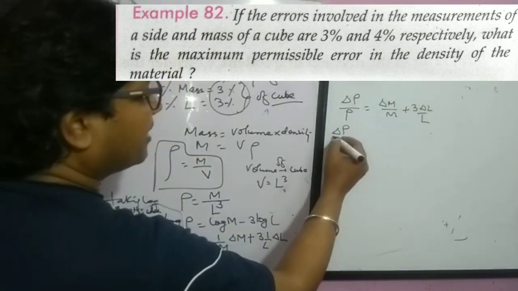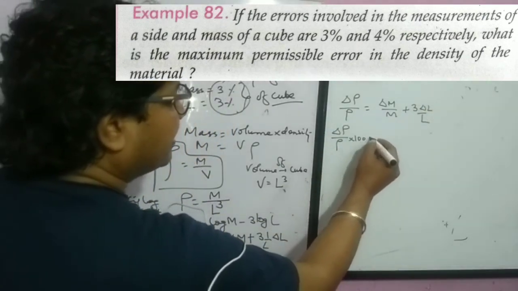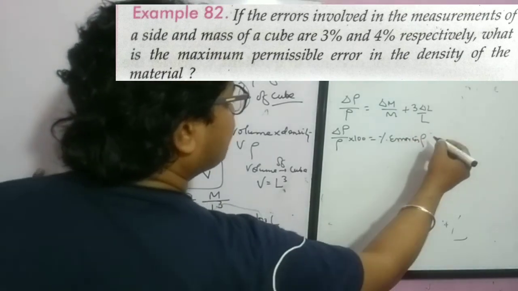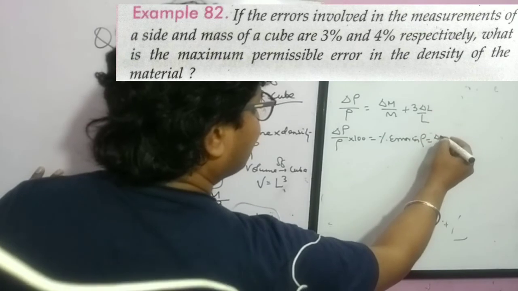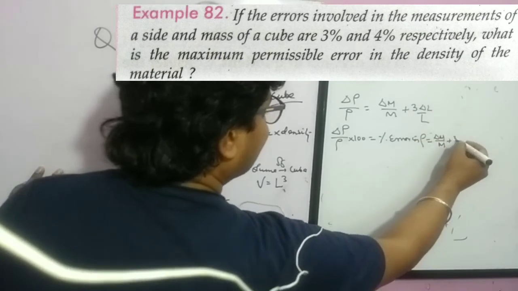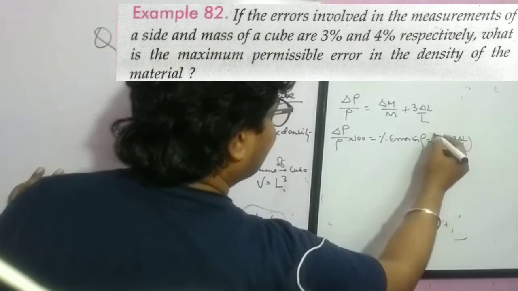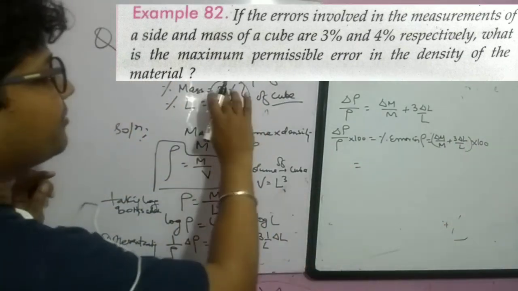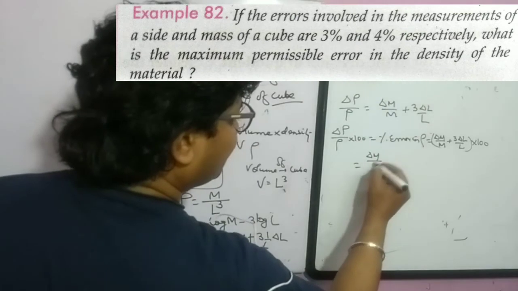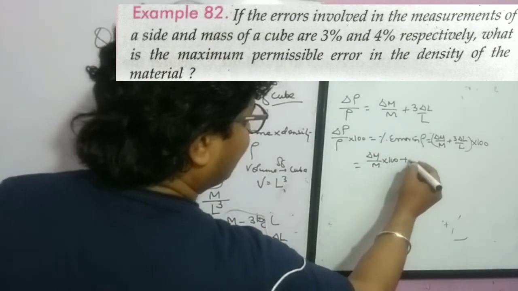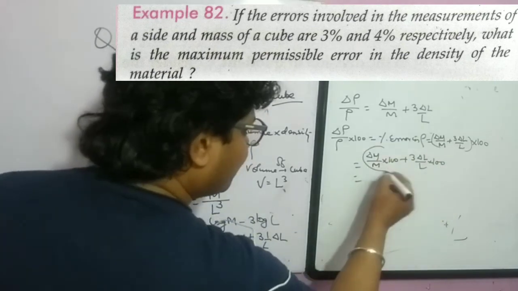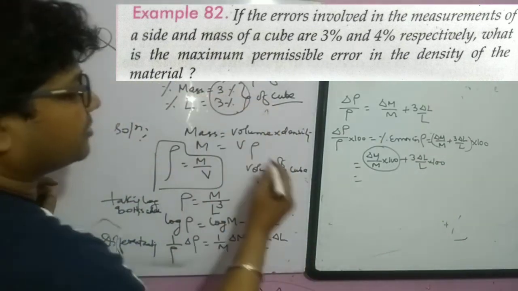multiplying both sides by 100. So this will be equal to percentage error in density, and this will be equal to delta m by m into 100 plus 3 delta L by L into 100. So this you are provided, percentage m you are given.